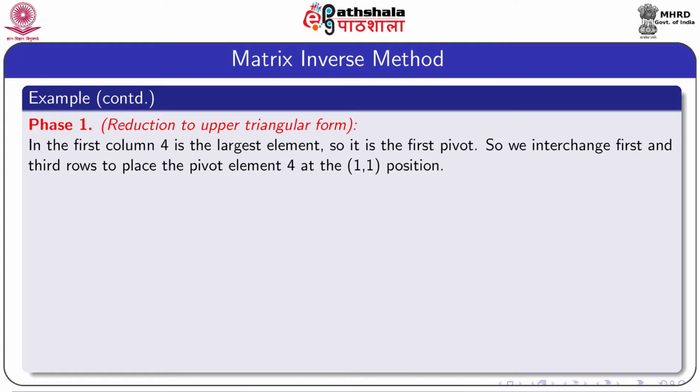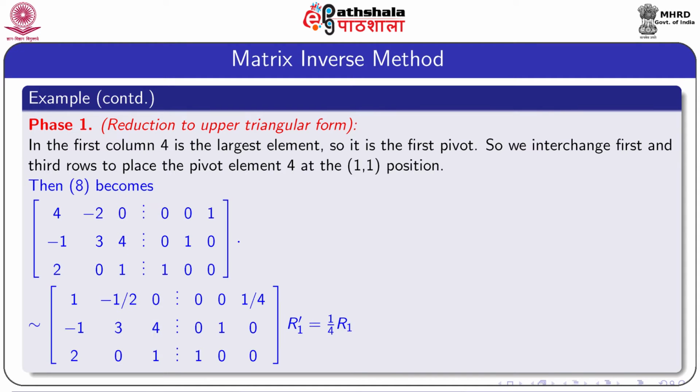In the first column of the given matrix A, 4 is the largest element, so it is the first pivot element. So, we interchange the first and third rows to place the pivot element 4 at the first position, that means the 1 1 position. Then the augmented matrix becomes this one: 4, minus 2, 0, 0, 0, 1; the second row remains unchanged and the third row is equal to 2, 0, 1, 1, 0, 0.